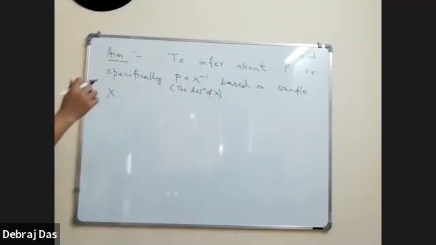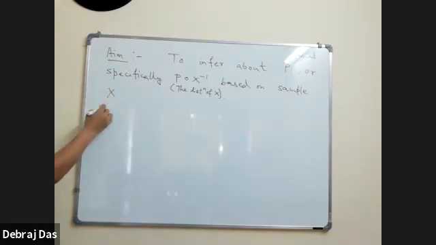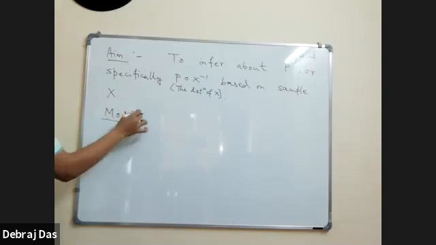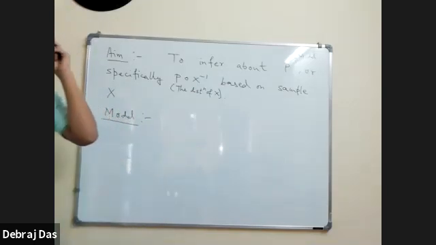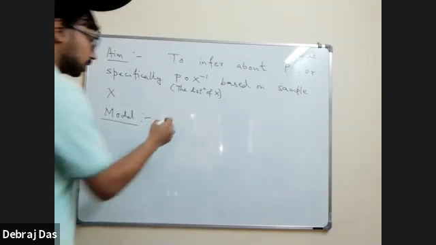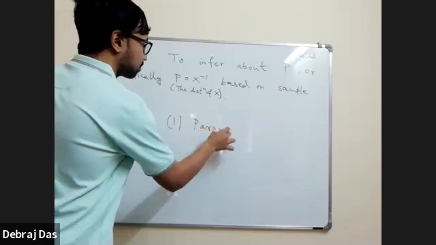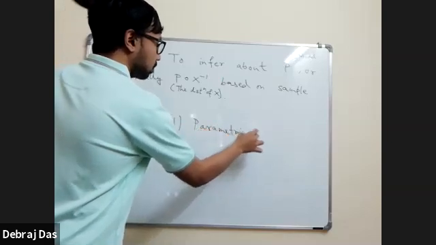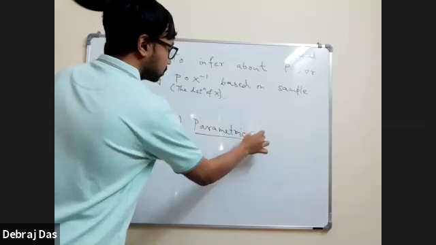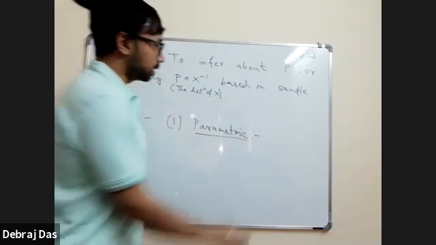Okay. So regarding the model, model generally is of two types. One is a parametric model. So here you already know, I think.